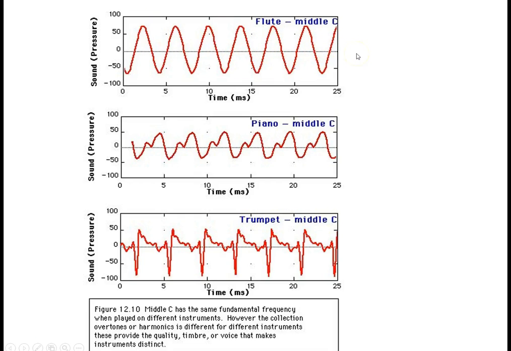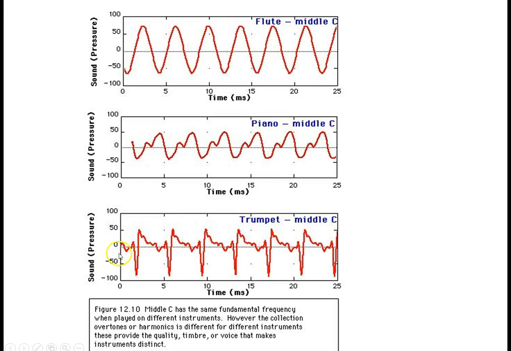Pretty much it's just the fundamental frequency that's being played. But notice here the piano, the same exact note, and you would hear it to be the same. And in fact, if you look at the wavelengths here, they have the same exact wavelengths. But when you interfere all the different harmonics, you can see the actual waveform takes a slightly different shape.